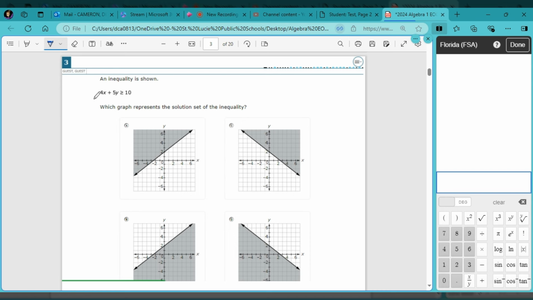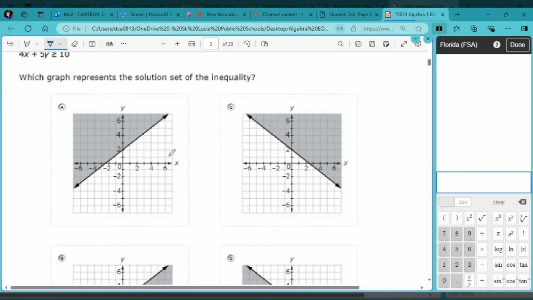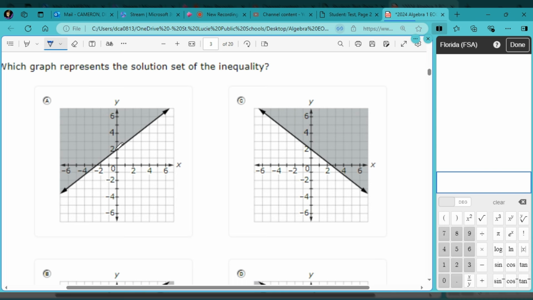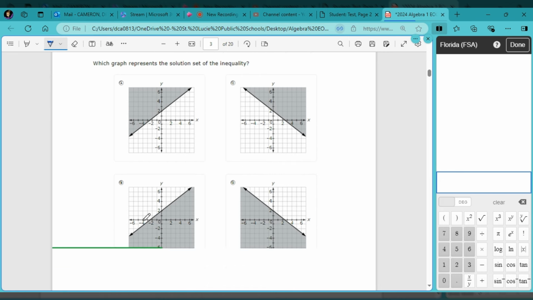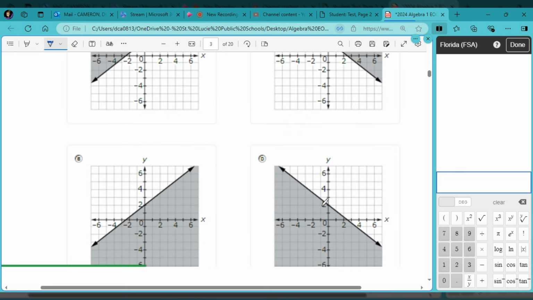But this time, if you look, that is a whole number intercept. This is not a whole number intercept. This is not a whole number intercept. So our intercepts look like they're not going to be whole number answers.